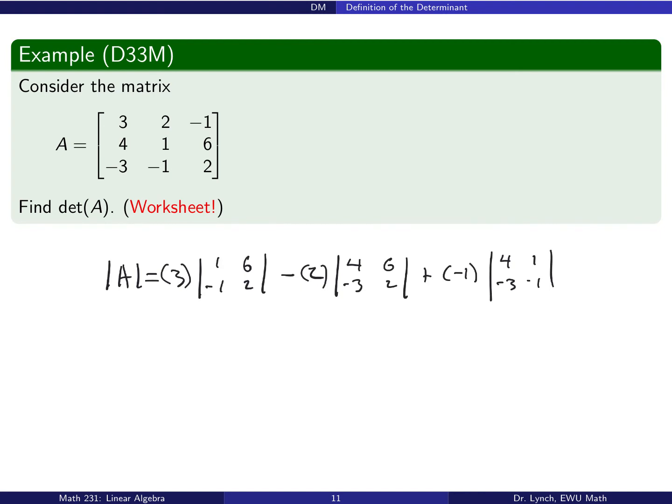The determinant of A is A11 times the determinant of the A11 submatrix, minus A12 times the determinant of the A12 submatrix, plus A13 times the determinant of the A13 submatrix. So we see that sign flopping pattern and these 2 by 2 determinants, and we can pretty quickly compute those 2 by 2 determinants and figure out what the determinant of this matrix is. So I'll let you work on that.